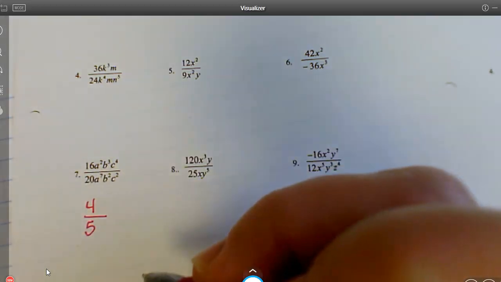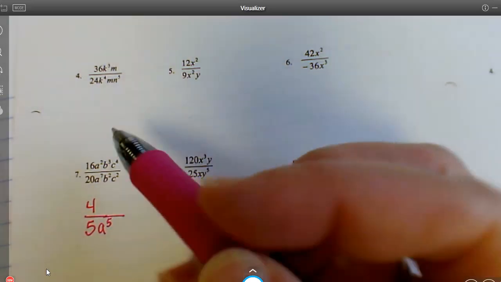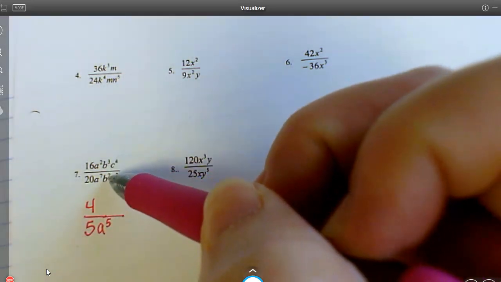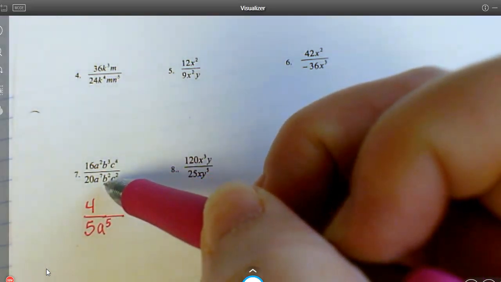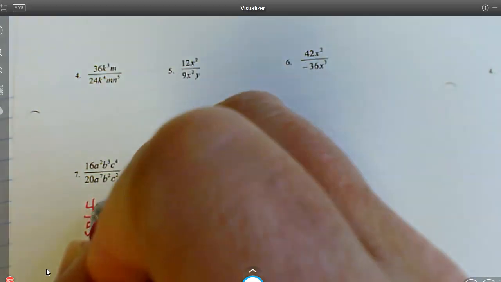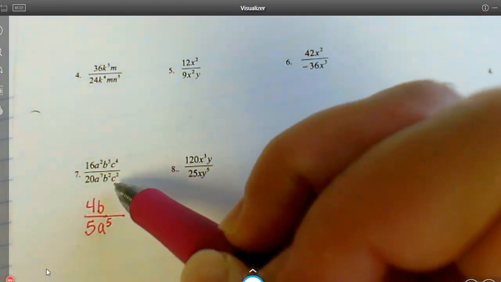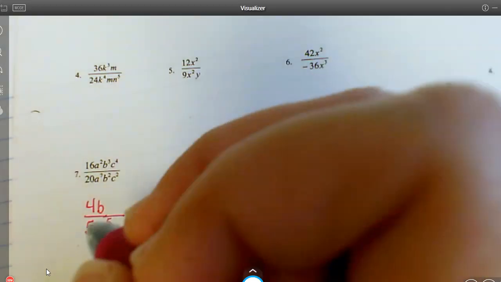So there are 5 left on the bottom. The b's, there's 3 on top, 2 on the bottom. I can get rid of 2 of them, so I'm left with that b on the top. 4 c's on the top, 2 on the bottom, 2 left on the top. Good job.